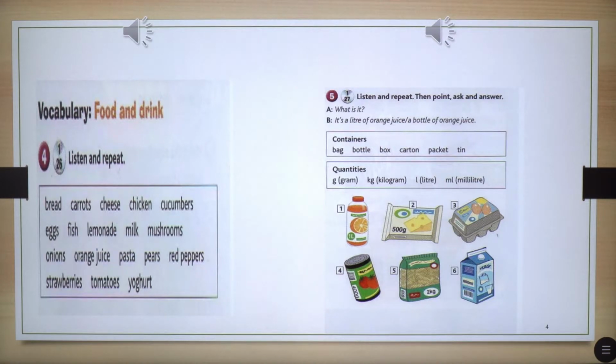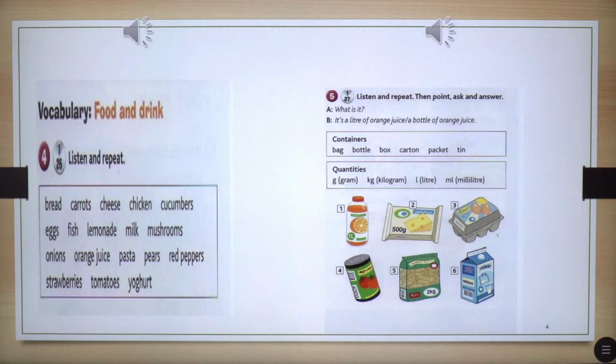You will listen to the pronunciation of each food and drink, and afterwards we will learn about the containers and the grams and kilograms. So how do we measure foods and drinks? So listen to the types of foods and drinks first.